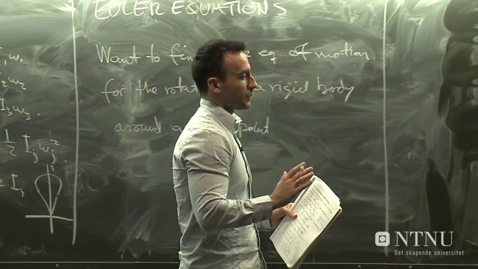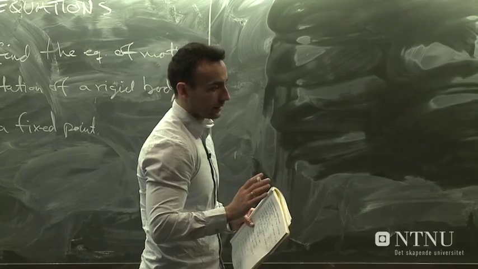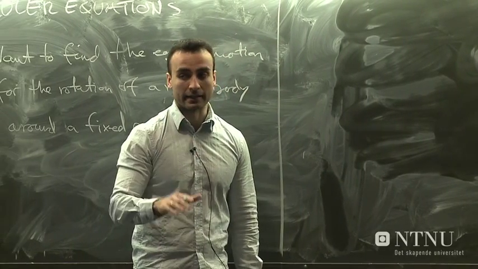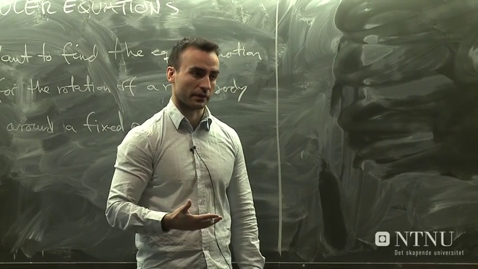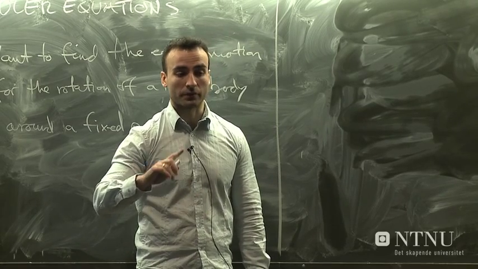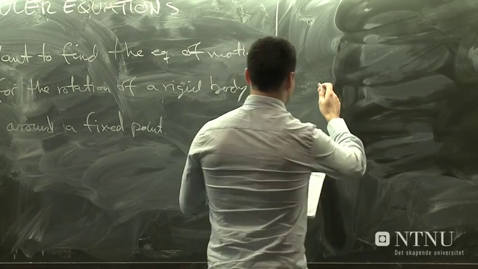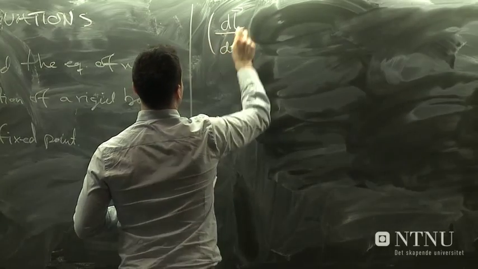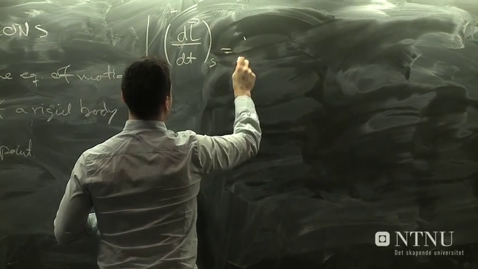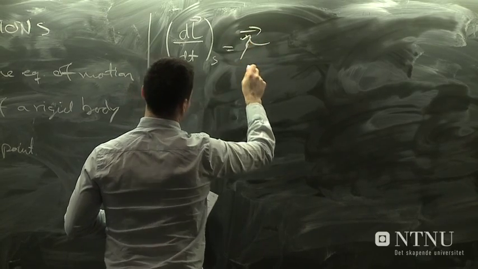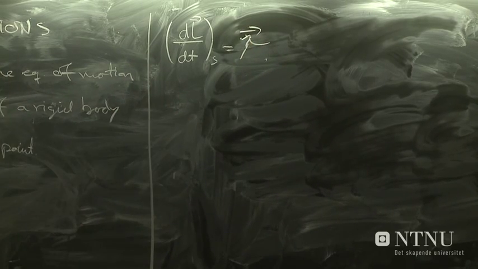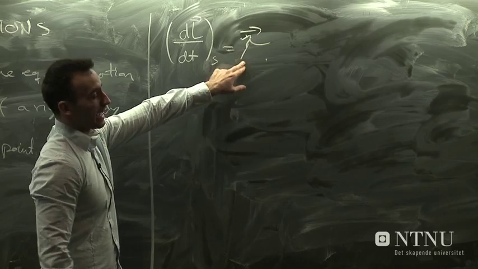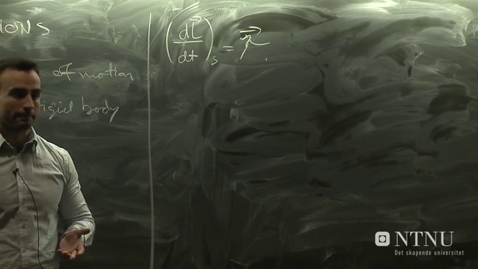Okay, so we'll start out by considering a situation where we have a stationary system with some observer, for instance us. And then we have the body, which corresponds to the rotating system. So we have that the time derivative of the angular momentum as seen from our observatory system is equal to the total torque, tau, exerted on the body.